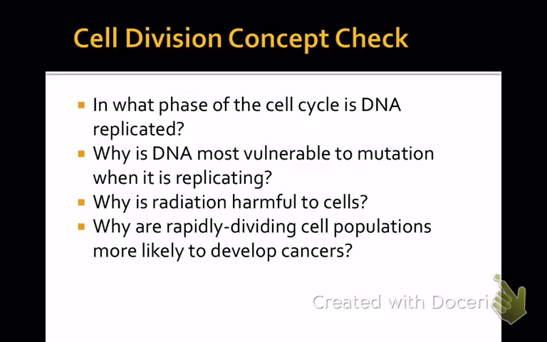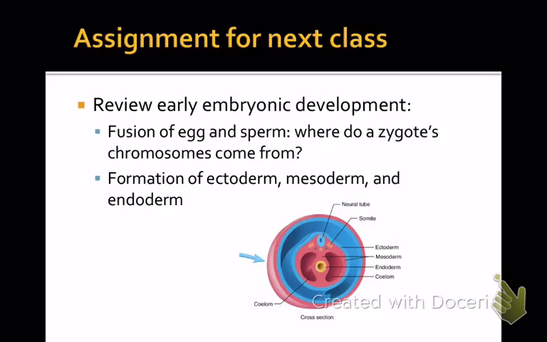Radiation, we remember, pops out the nucleotides, breaks the chemical bonds between the nucleotides, and so the rapidly dividing cells are the ones that go through the cell cycle more frequently, which means they're in the S phase more often.